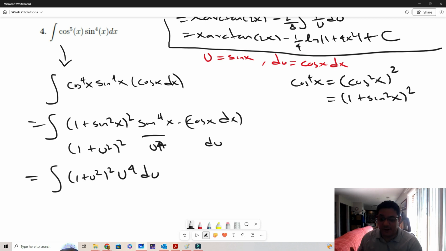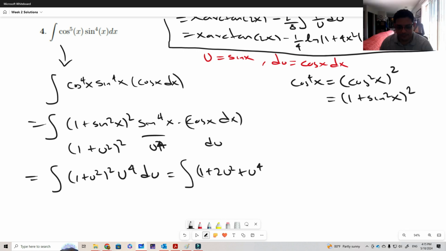And now I can open this up to be able to integrate. So breaking this binomial, this is the first square plus 2 times the first one by the second plus the second square. And then multiply by u to the 4th.